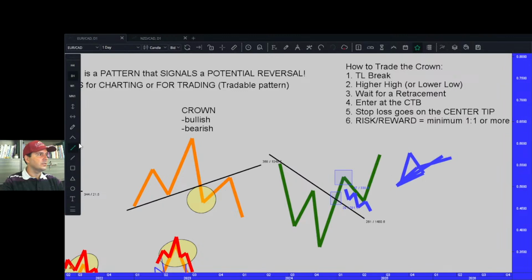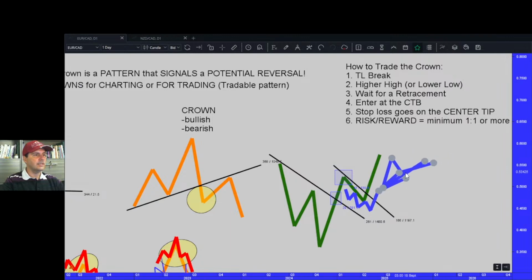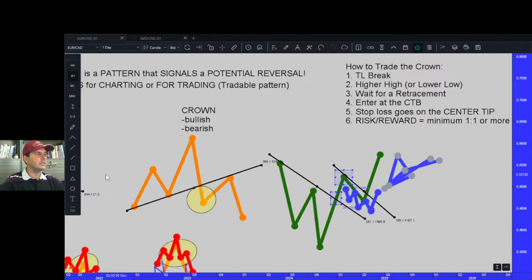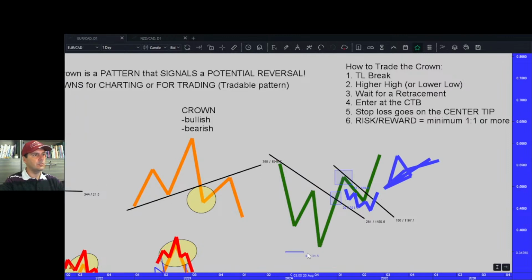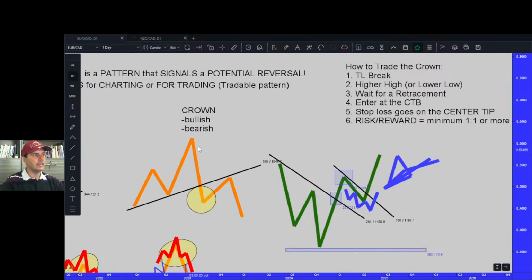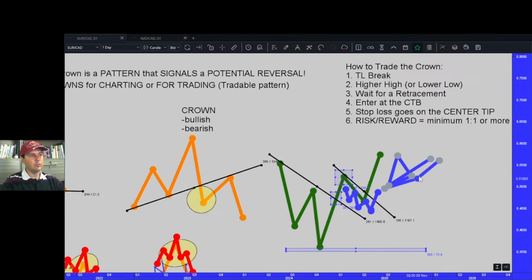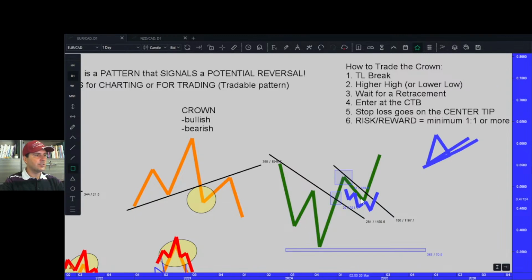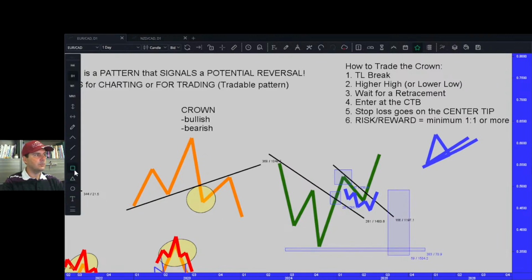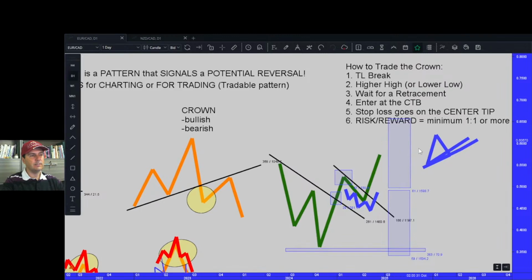And number four, you would draw a counter trend line like this, and you would enter at the counter trend line break. When this happens, the stop loss is going to go on the center tip, which is the head. Left tip, center tip, right tip, or head and shoulders: left shoulder, head. So the stop loss goes down in here, and then risk reward ratio, I would go 1 for 1.5, but minimum 1 for 1.